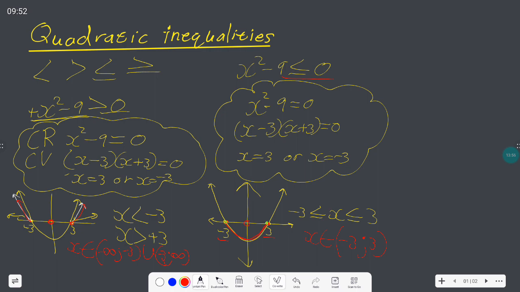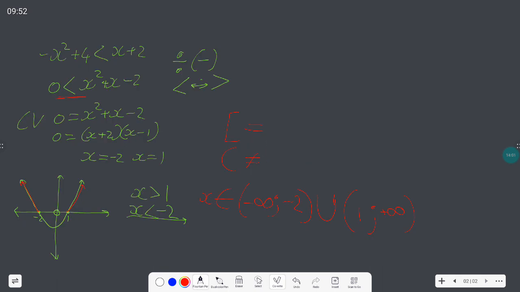Okay. Another example of where you have to do it graphically. Let's go for that one as well. So I'm searching for a little bit more of a difficult one.